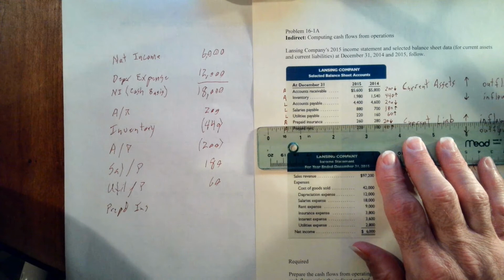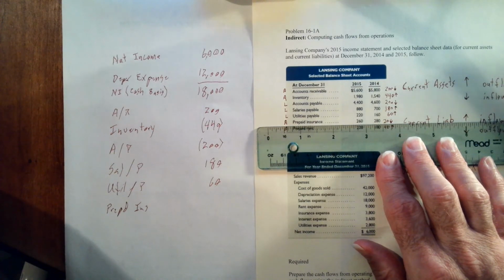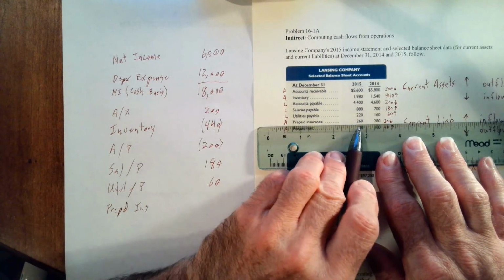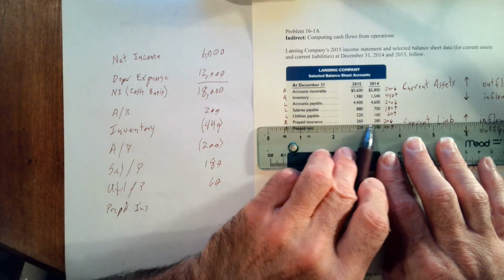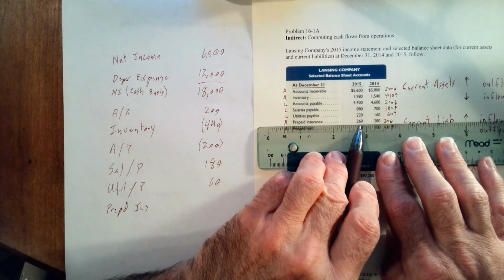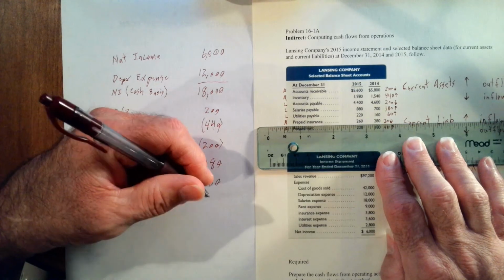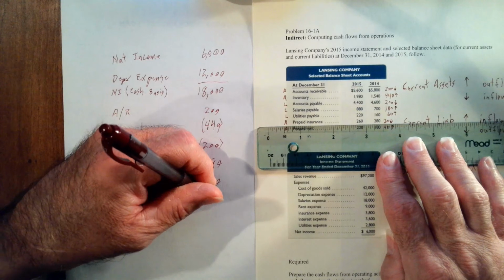Is that kind of the same thing as an inflow, or is it an outflow? Which do you think? It went down, so kind of like with accounts receivable. When accounts receivable went down, that meant that you collected cash. Same thing with prepaid insurance. Another way to look at it is I have less cash tied up now. I had this much tied up, now I have this much tied up. That infers an inflow. So I'm going to put that down as positive 20.